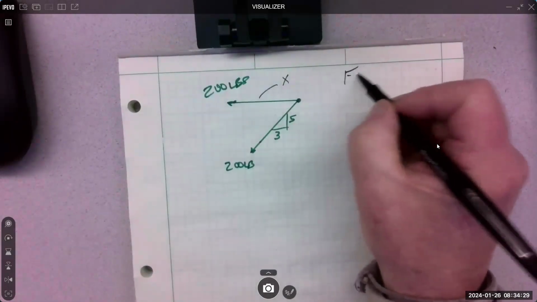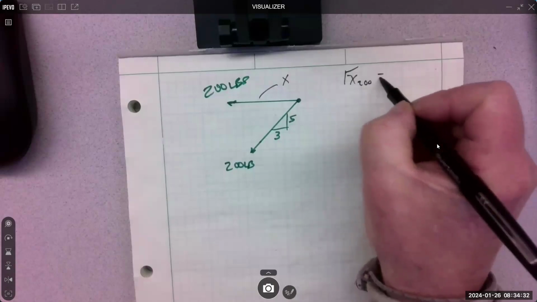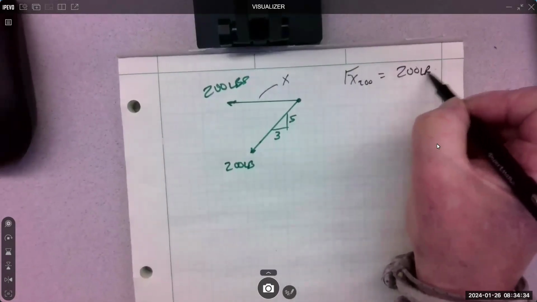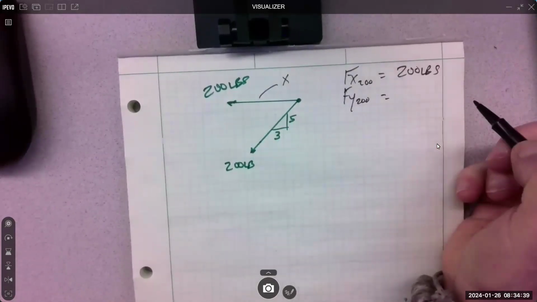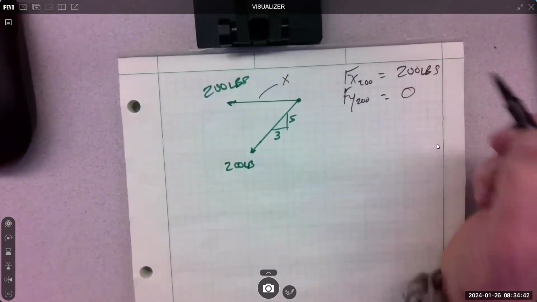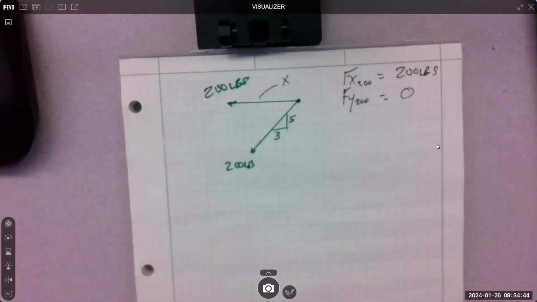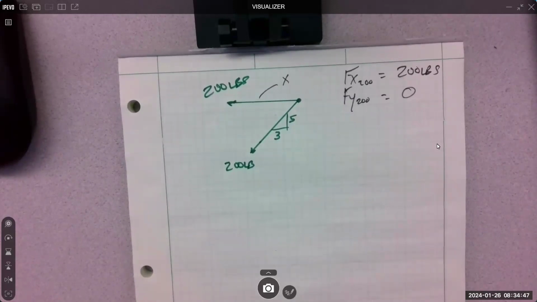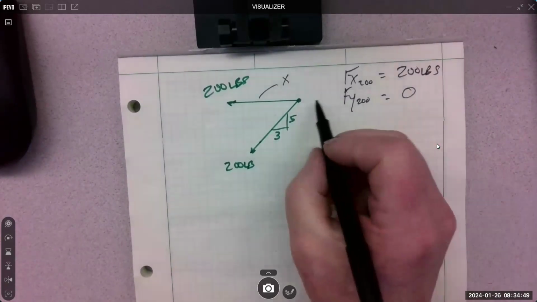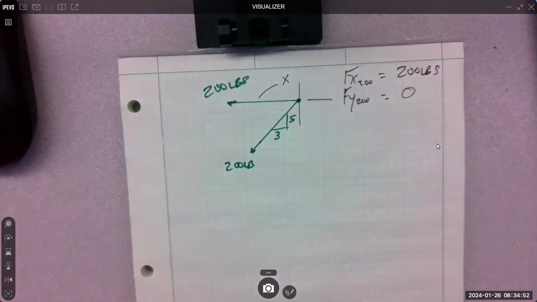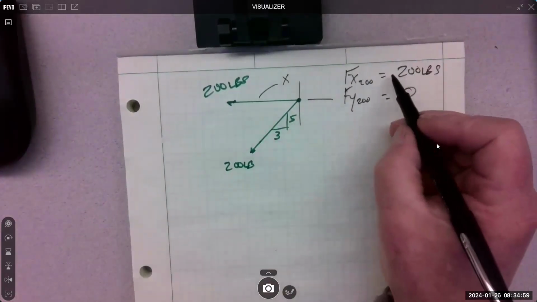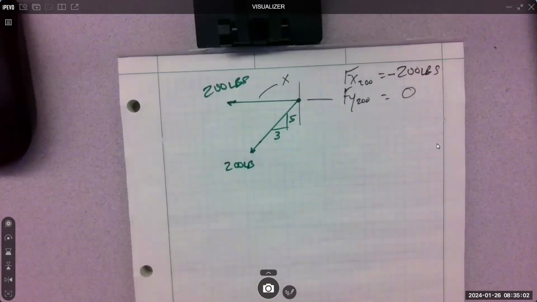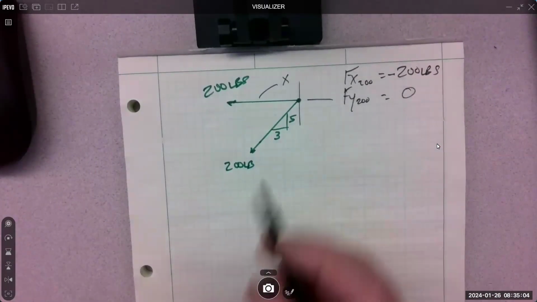So for the 200, Fx of the 200 equals 200 pounds, the X component. Fy of the 200 equals what? 0. So whenever you see one force on the coordinate system that you're going to use, then you know the components immediately. This one, X 200, Y 0. This is negative, pointing in the negative direction.